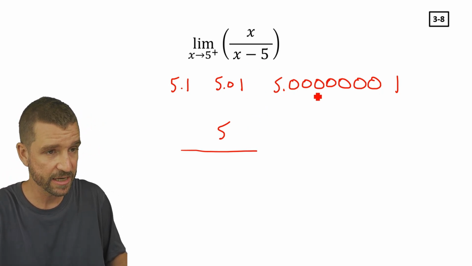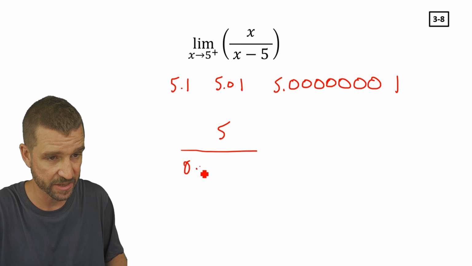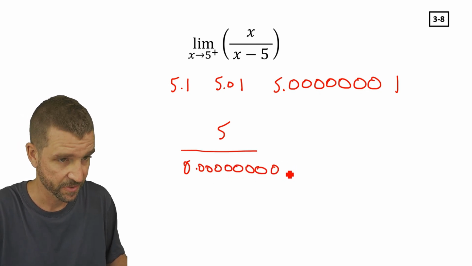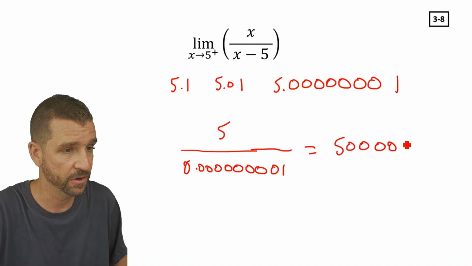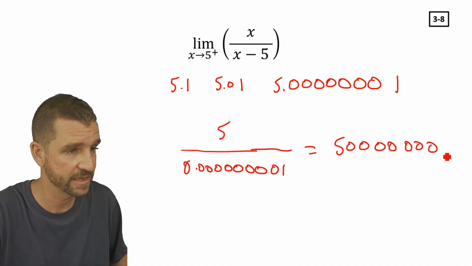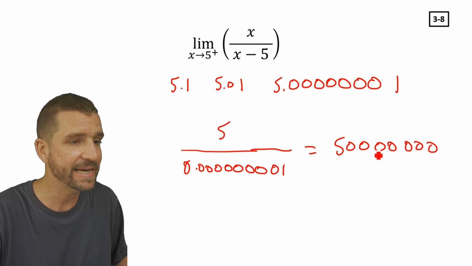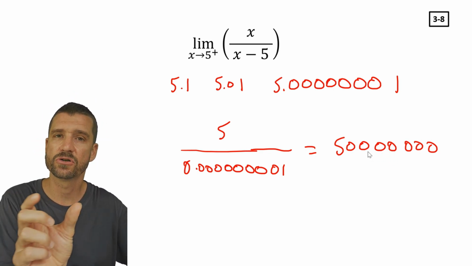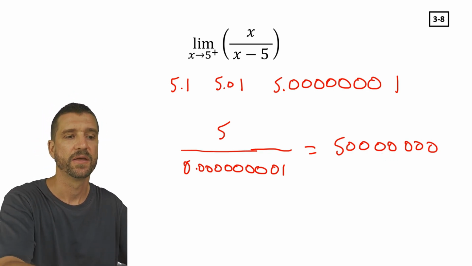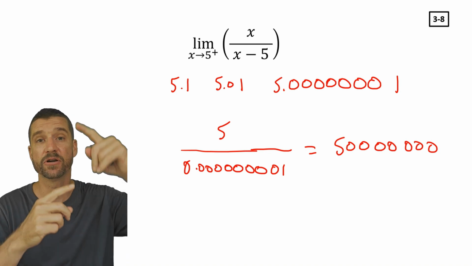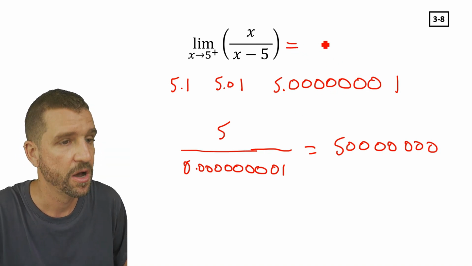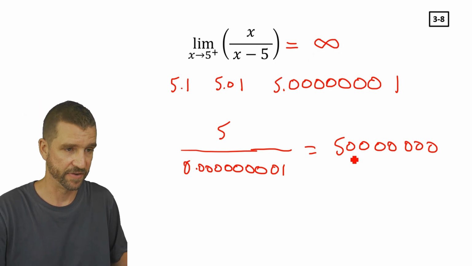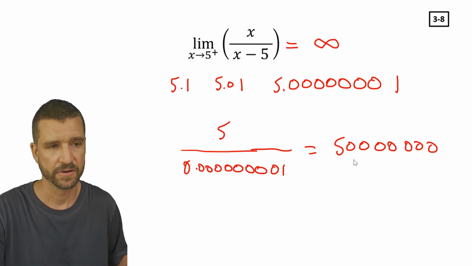So on the bottom you get 0.000 and a 1, with I'm not sure how many zeros, and it's not important. The idea is that as I get closer and closer to 5, this is going to become bigger and bigger. So this one approaches positive infinity because this number is positive.